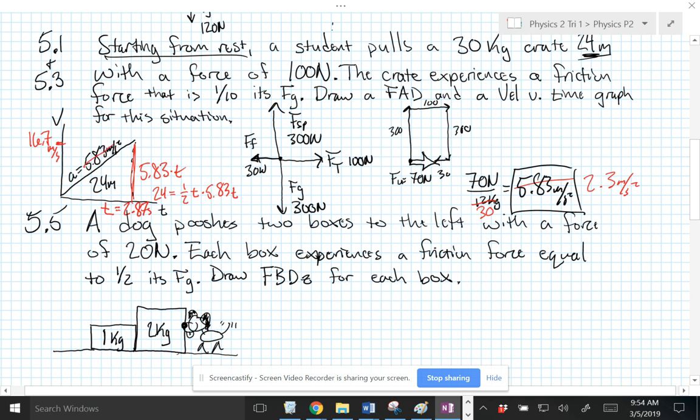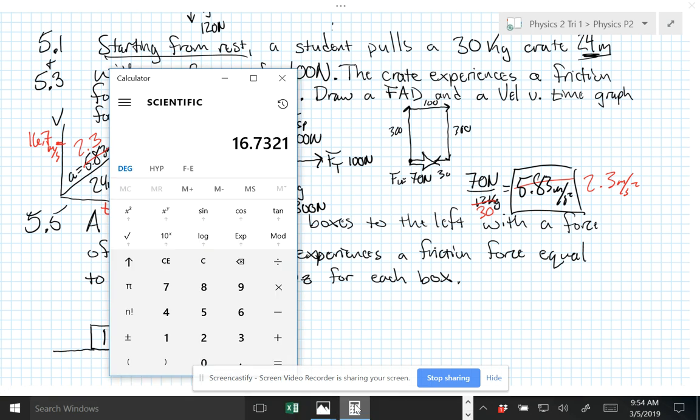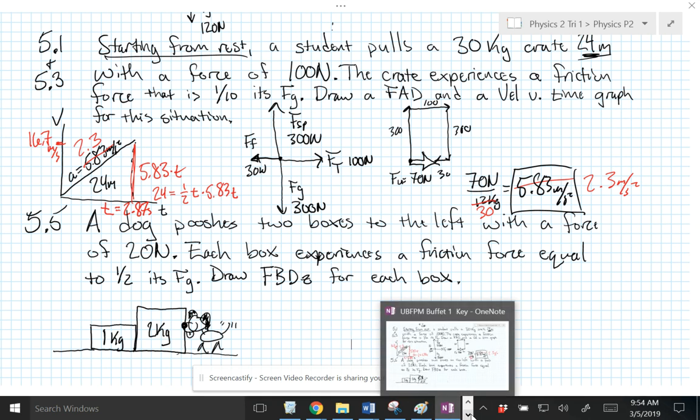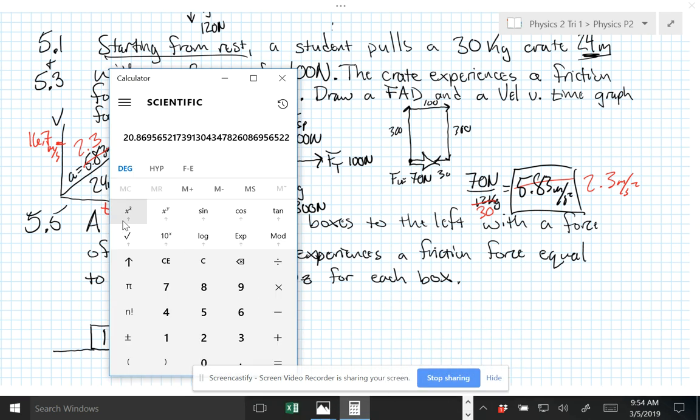Oh, man. So now I got to go over here. Now I got to do 48 divided by 2.3. What a mess up. 48 divided by 2.3, 20.86. That's a difference. Ooh, and I got to take the square root of that. 4.56 seconds.